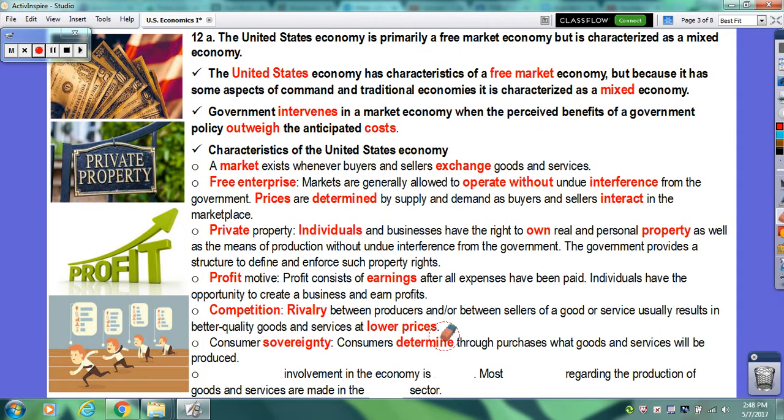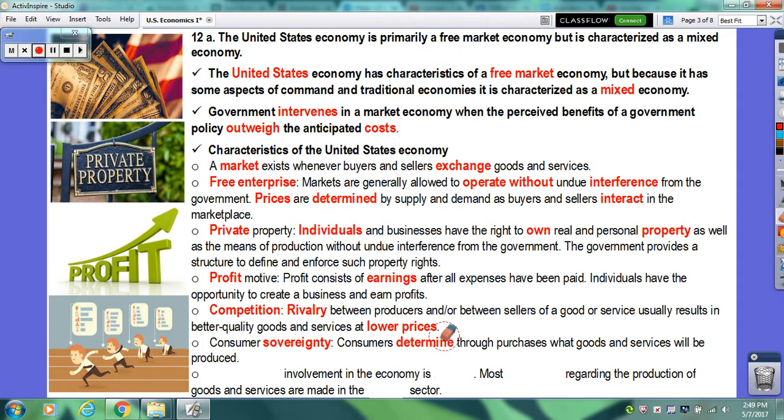I don't know if you noticed, but what's something that's kind of expanded for you guys? Well, consumer sovereignty, like with townhomes, it seems like there's been a lot of townhomes that have been built, especially in Loudoun County in the past decade. So obviously there's a big demand for people to purchase a townhouse.